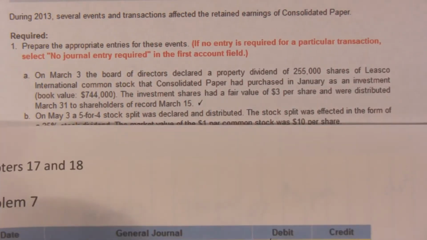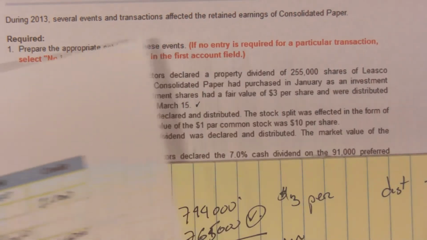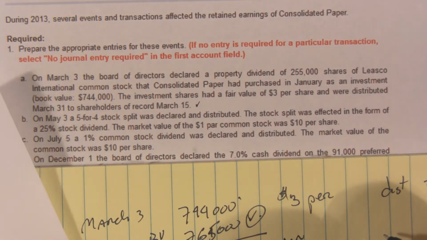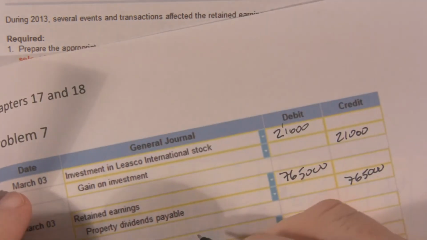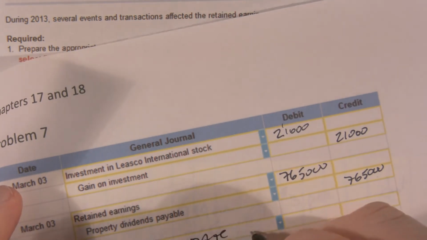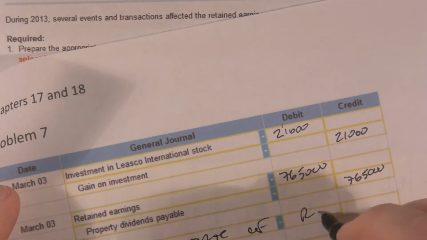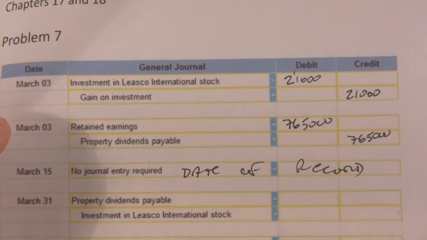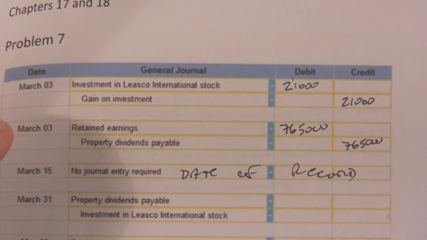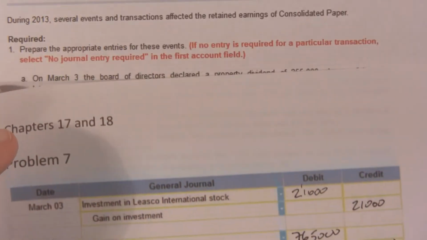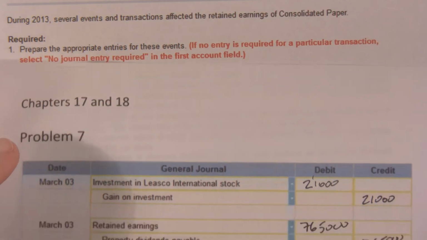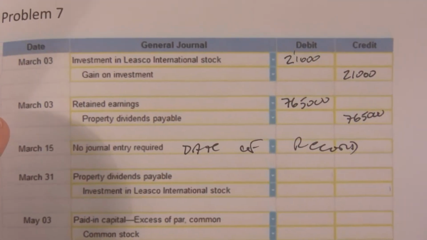Then March 15th is the date of record. There's no journal entry for the date of record. And then on March 31st, we actually give these shares away.